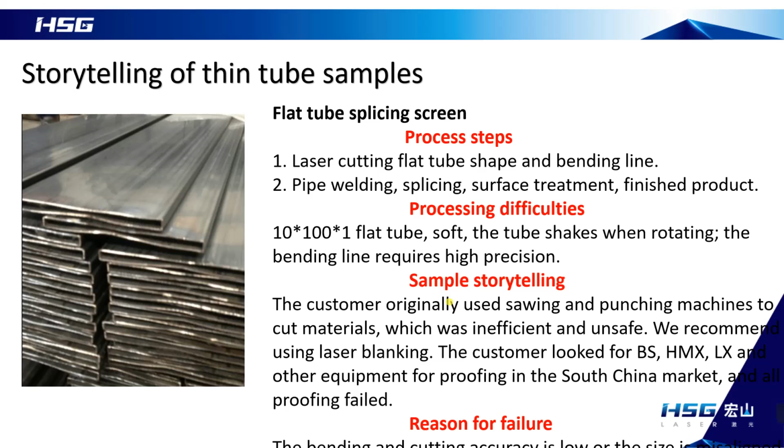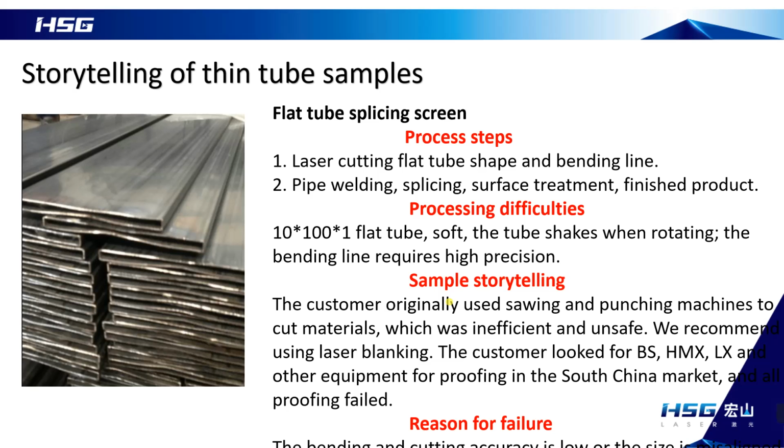The pipe is 10 by 100 millimeters. It is a custom-made pipe, characterized by being very soft. Because it is very flat and soft, the pipe is easy to shake when it is rotating, which might eventually cause an error in the bending line.